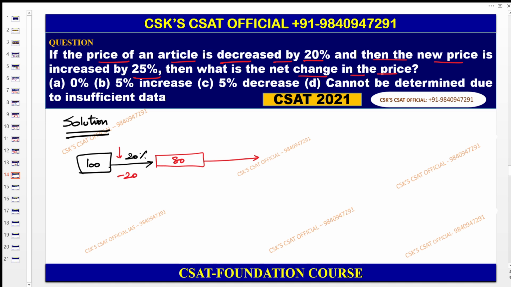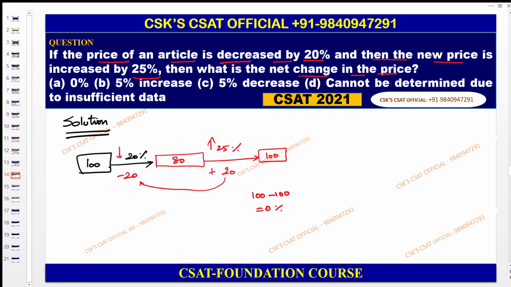Then the new price increases by 25%. What is 25% of this one? 20. It increases, therefore add. So 80 plus 20 is nothing but 100. In order to find the net change, listen, add these two. What is the value? 20 minus 20 is 0. Then 100 minus 100 is 0. 0% is the net change.